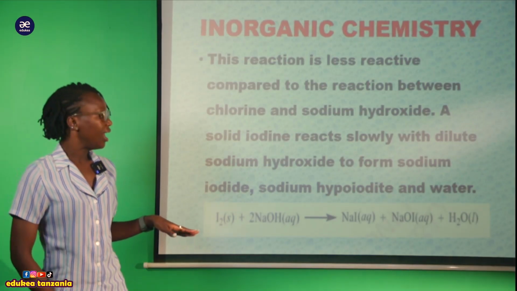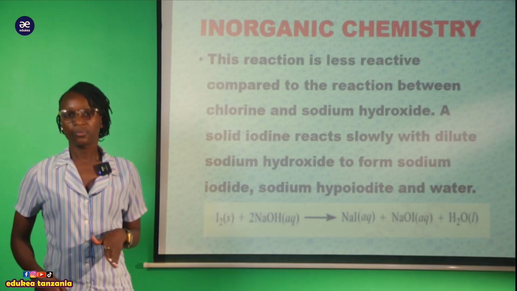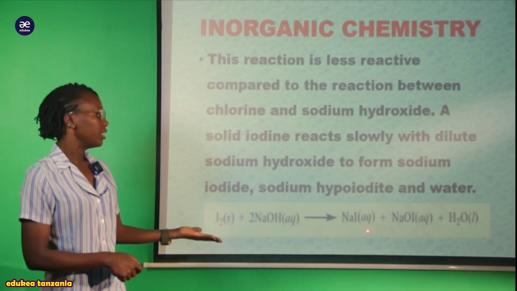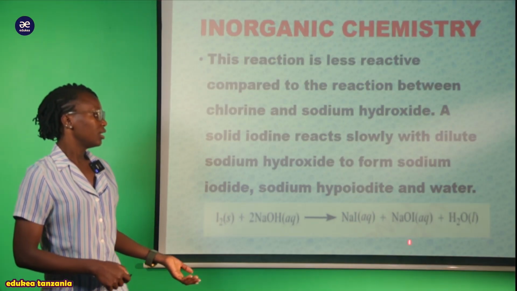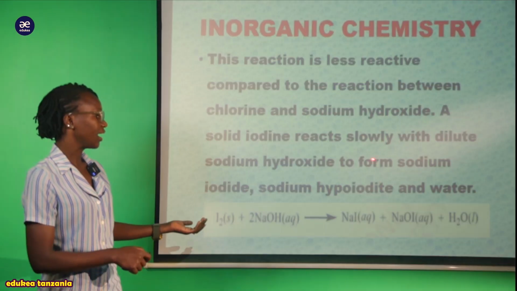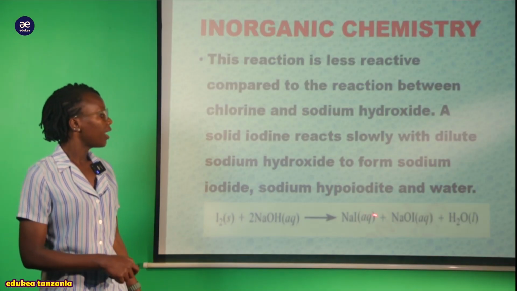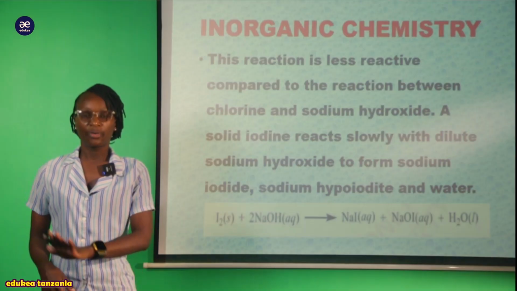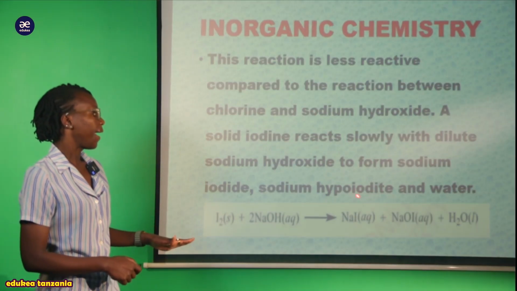Kwa hiyo unaweza kuona kwamba the same product, kwamba hapa tutaona kwamba amereplace iodine, tunaweza tukaweka bromine, kule ni water molecule kama kawaida. Lakini pia tunaweza tukaweka chlorine. Lakini tutaona hapa kilichokuwa replaced ni iodine, lakini product ni zile zile.